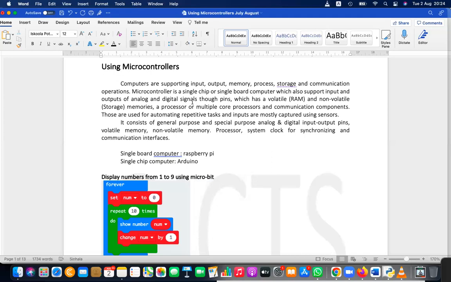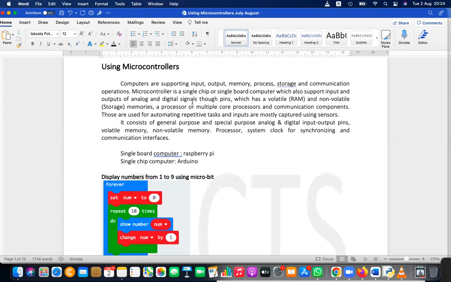For computers we need to give the input, but for microcontrollers, they can just take the inputs from the outside world, sensing the change in environment, and produce outputs accordingly.